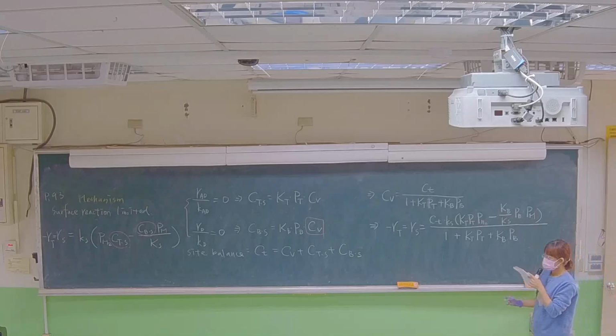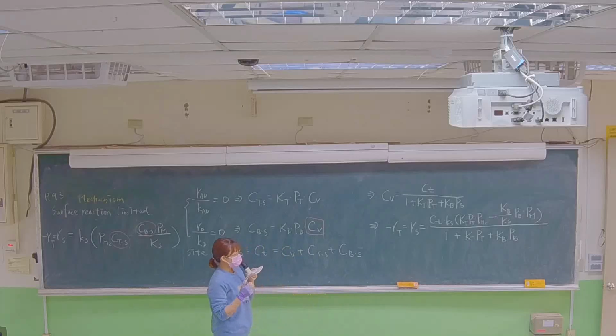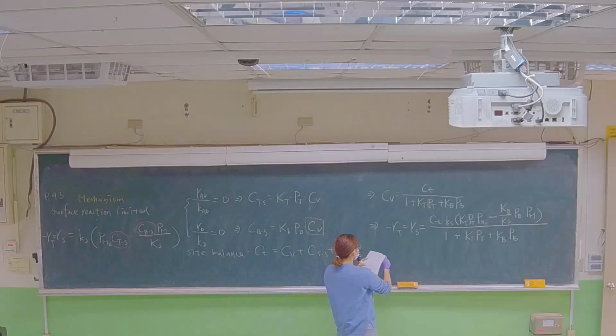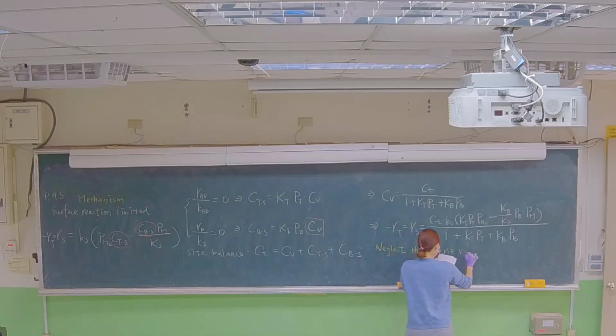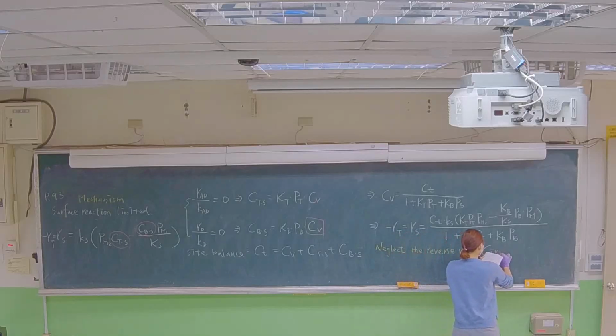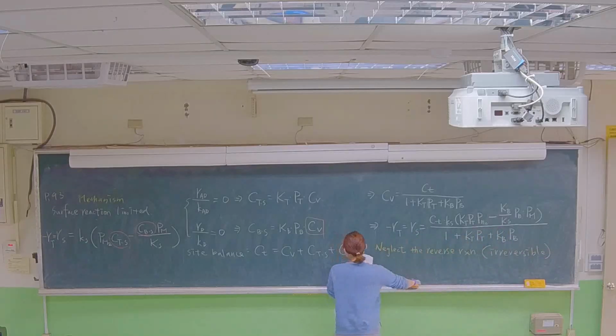That is very similar to the rate law you observed from the data, right? Only a different part. So the last one, if you neglect the reverse reaction, or you can assume it is irreversible, if you do this, you can get the same conclusion.